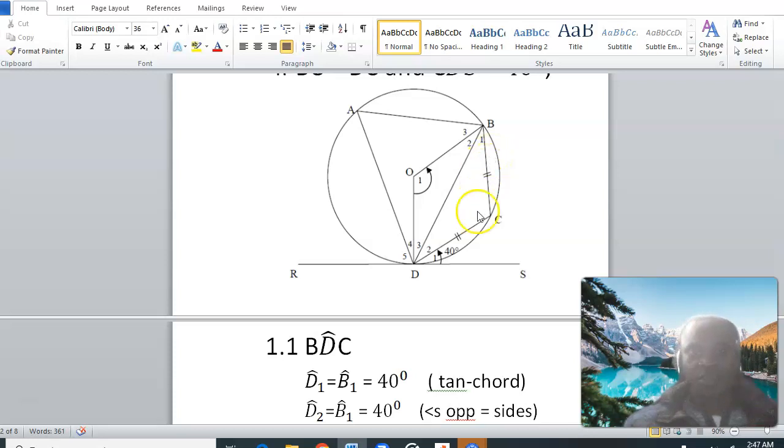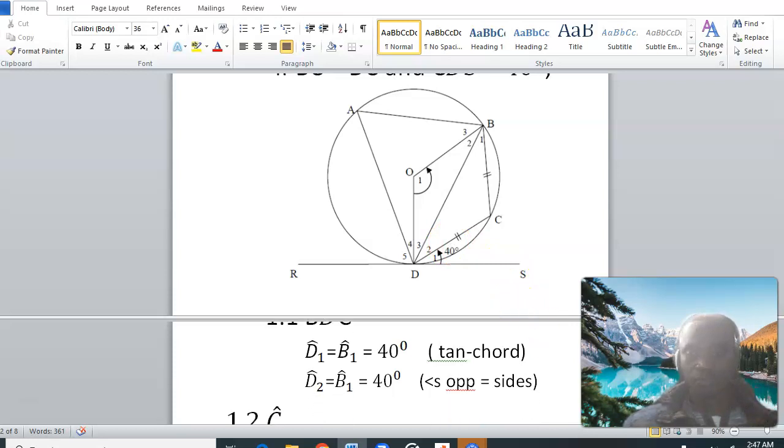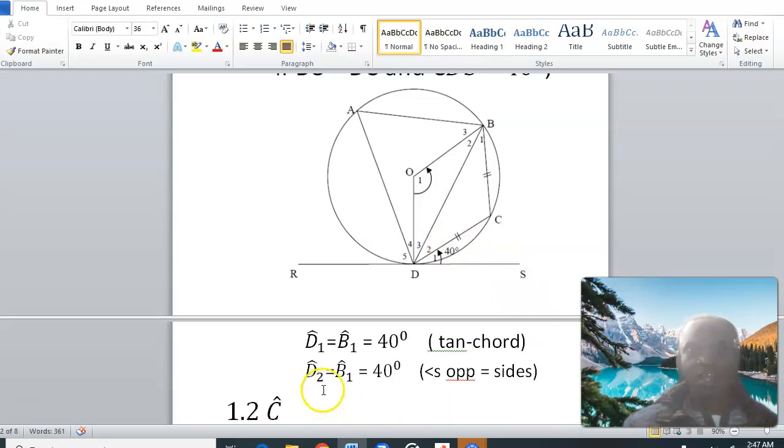Angles opposite equal sides are equal, because DC is equal to CB. These base angles are also equal. So we have solved that question.